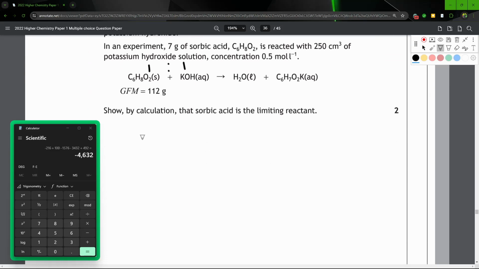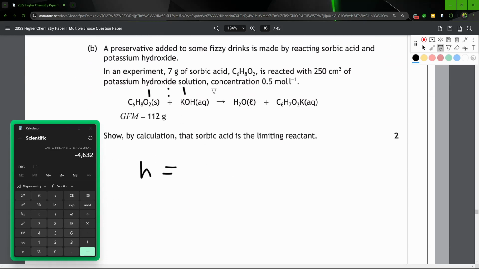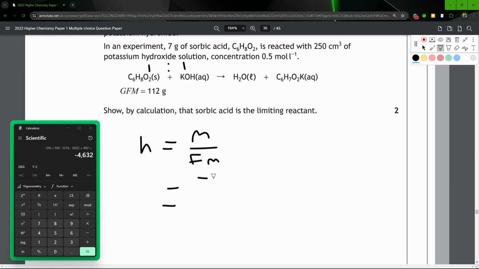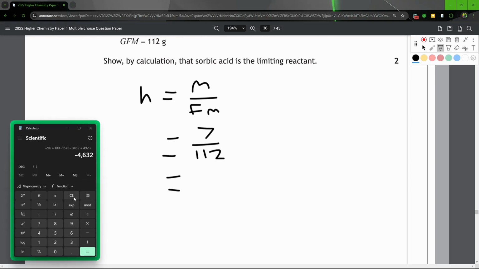For sorbic acid, we've got 7 grams, and the Mr is 112. So moles will be 7 divided by 112, which is a really small number.